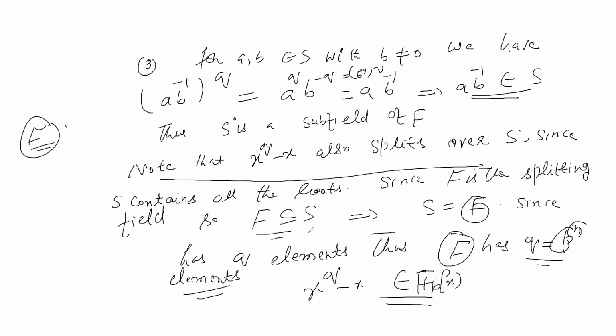Now see the uniqueness part. We will first show that every field with this cardinality is actually a splitting field of the polynomial that we claim, and from the uniqueness of the splitting field, the uniqueness would follow.